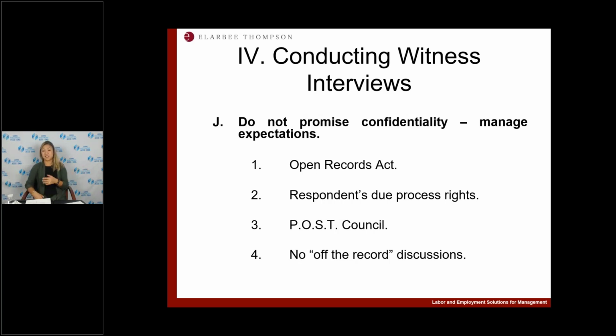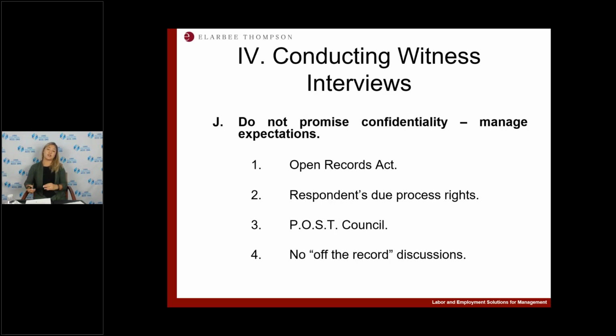After the close of the investigation, there could be an Open Records Act request that you have to comply with. Also, the respondent has the ability to have knowledge of the allegations made against him or her. If we're talking about police officers, as an employer, you have reporting obligations. So just do not promise confidentiality.